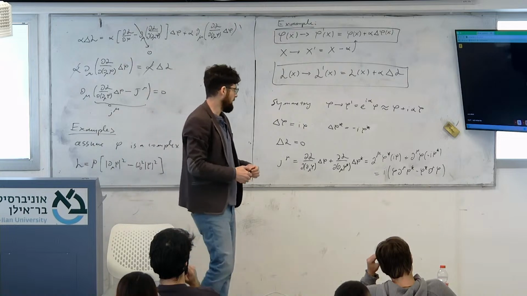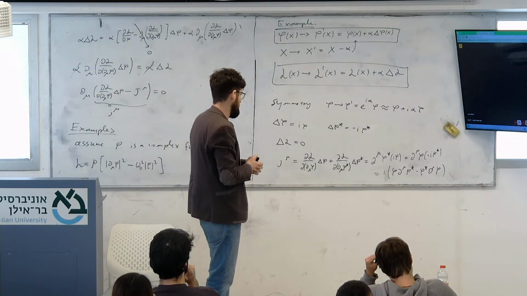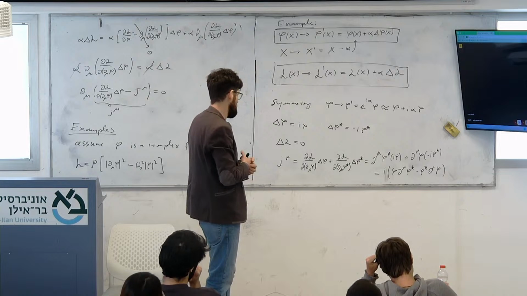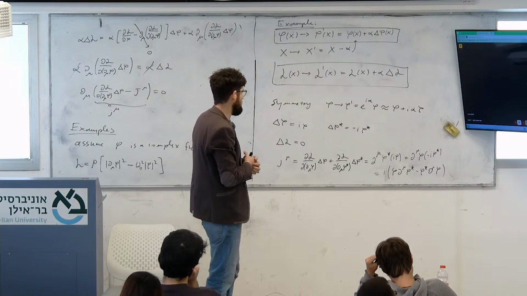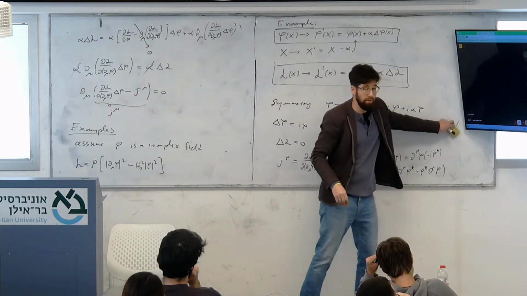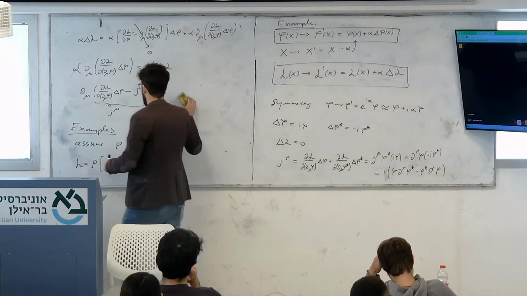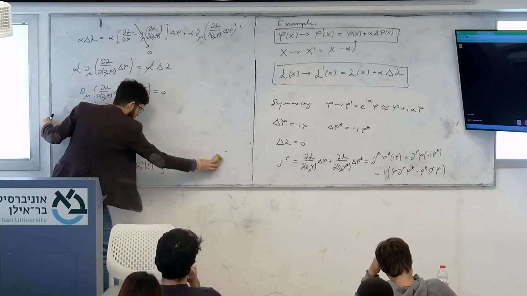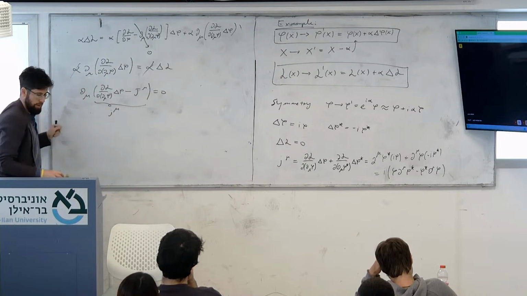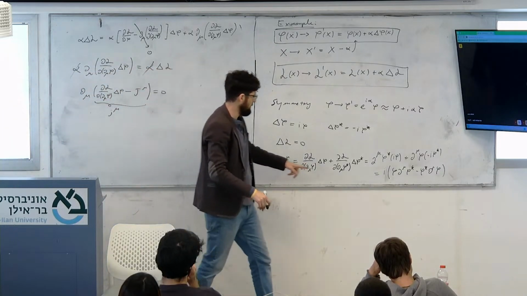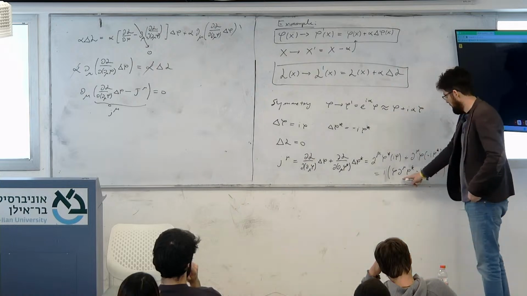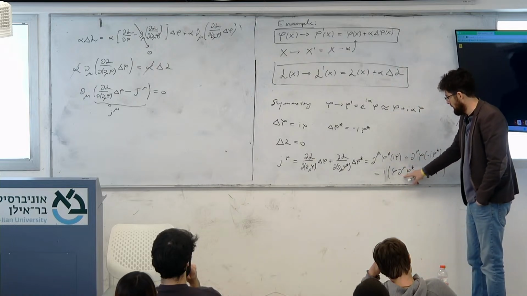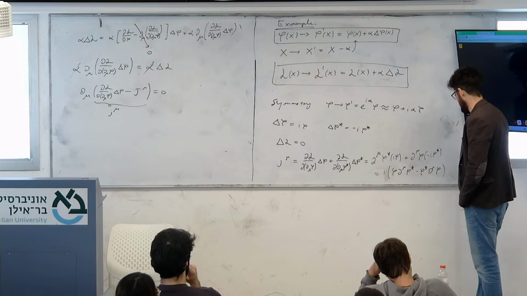So if we write this, you can also identify this with continuity. I don't want to erase this, but you can identify this with the continuity equation, right? Because the zero term is going to be like d0.